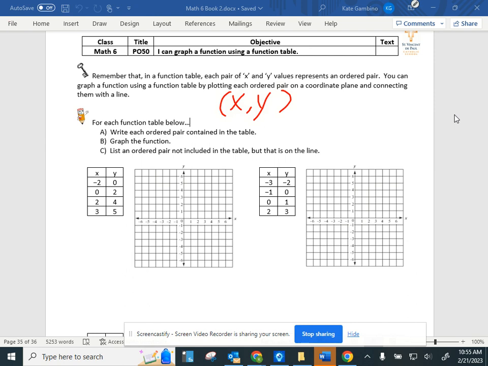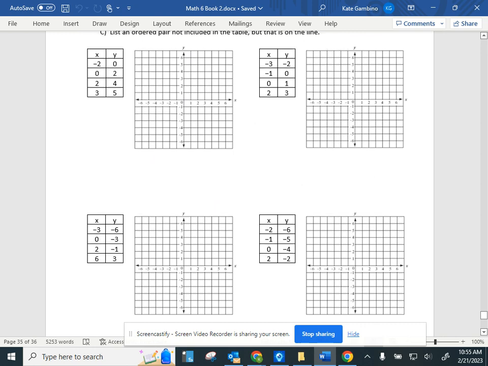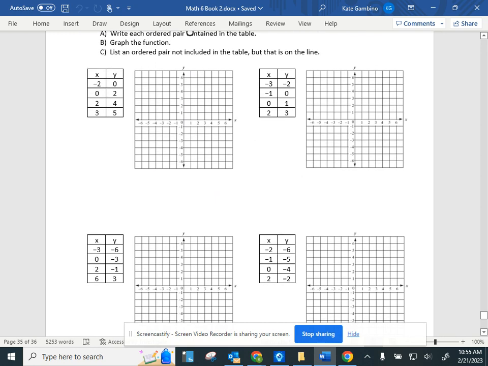So we've got 3 steps that we're going to do here. I'm going to move this up so we can see it better. First step is we're going to write the ordered pair from the table. So I can see here's my x's, here's my y's, and they go together. In this first section, my x is -2, my y is 0. That is my ordered pair.